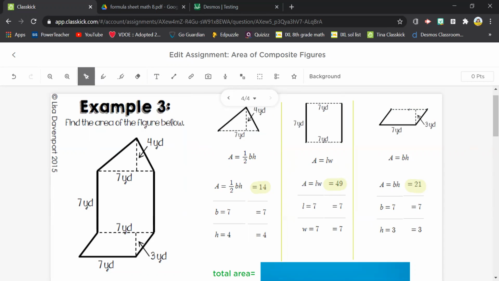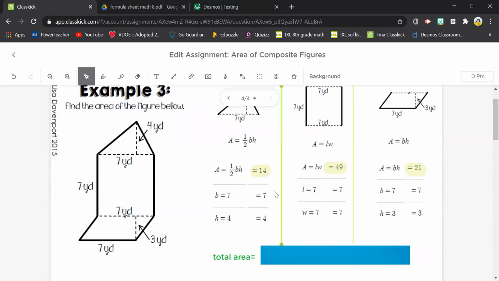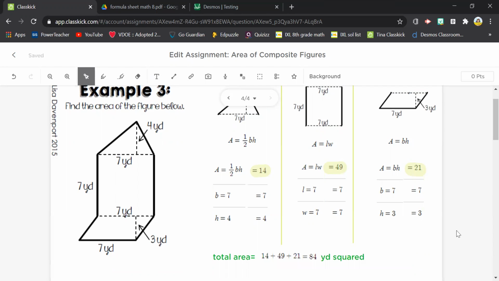So to get the total area, I have to take these values that I got, 14, 49, and 21 and add them together to get the total area of 84 yards squared or square yards. Okay, so I'm going to pause a minute and let you look at this one.